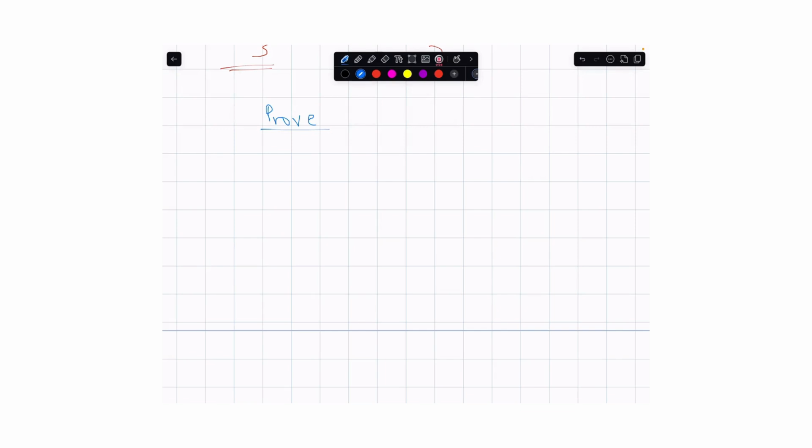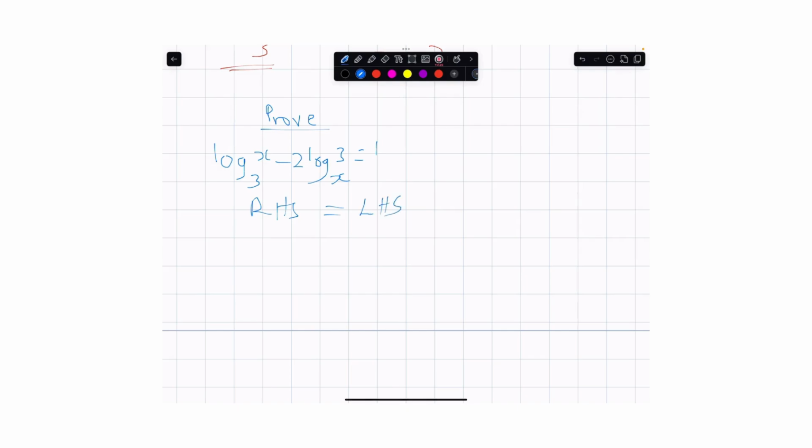So remember, initially we had log of x base 3 minus 2 log of 3 base x is equal to 1. So this one here is your right hand side. And if it's an equation, the right hand side must be equal to the left hand side.